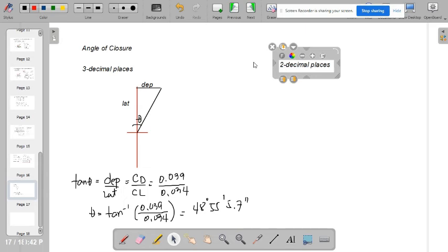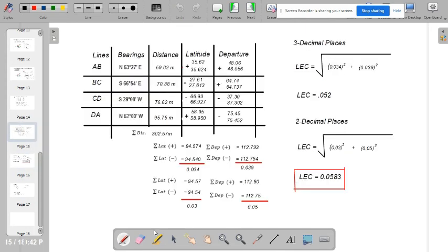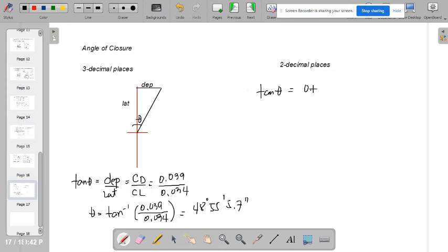Okay, so 2 decimal places. So tangent theta, let's be consistent, tangent theta is equal to, what is our closure? 0.05 divided by 0.03. So, theta is equal to arc tangent 0.05 over 0.03.